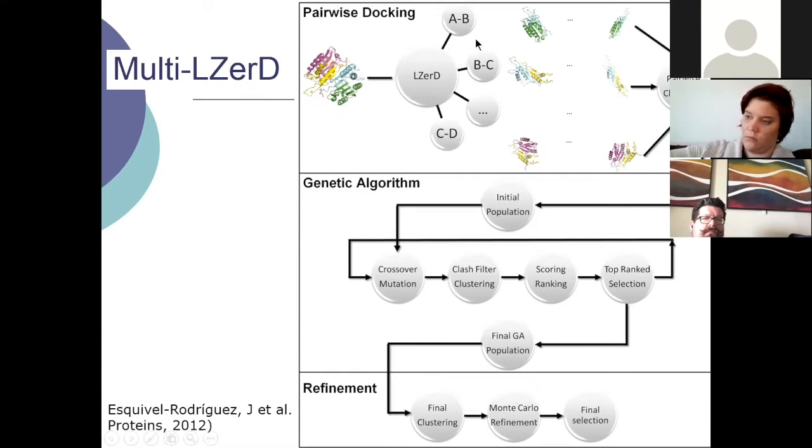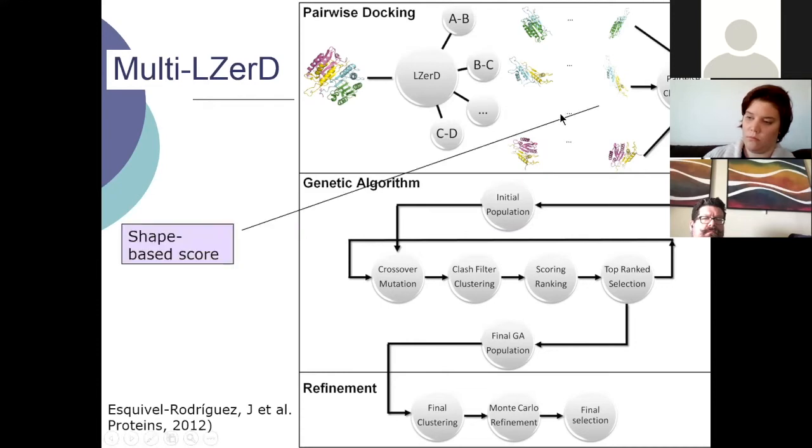Here is the workflow, but briefly, first it docks every pair of proteins: A against B, B against C, C against D, and so on. Then in the second step, it assembles the pairwise models together to build a full chain model.